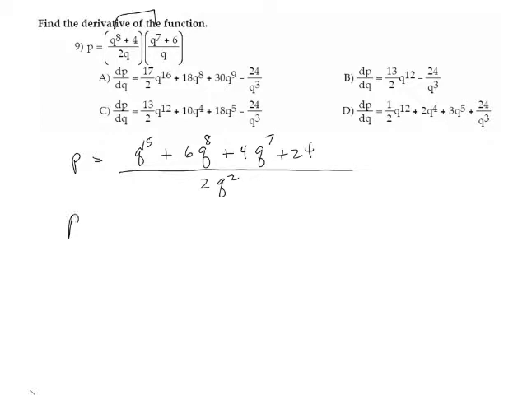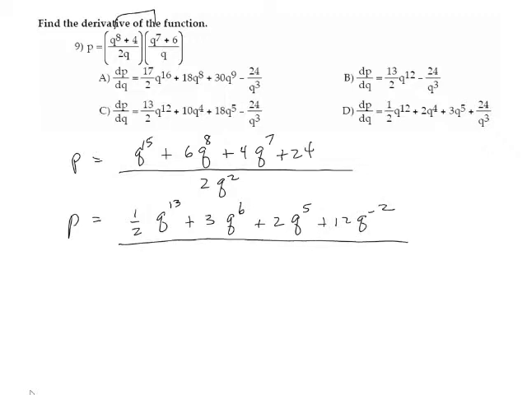Rewriting that, you get 1/2 q to the 13th plus 3 q to the 6th plus 2 q to the 5th plus 12 q to the minus 2.